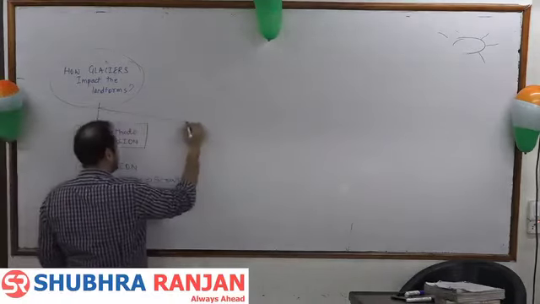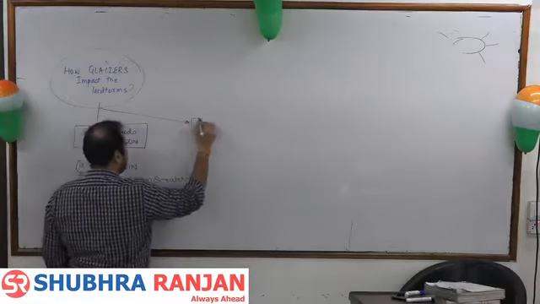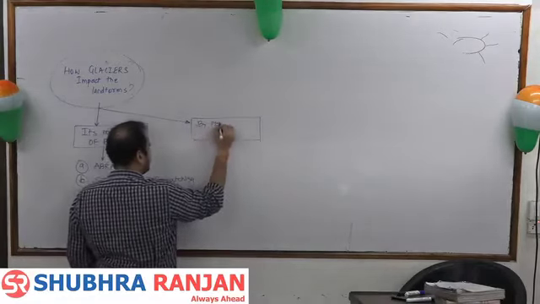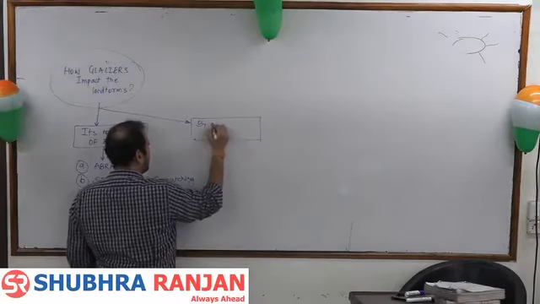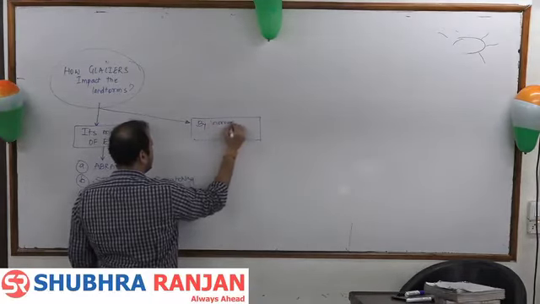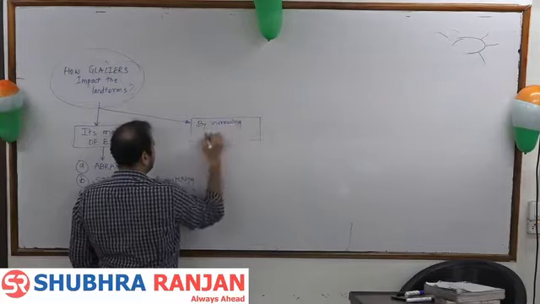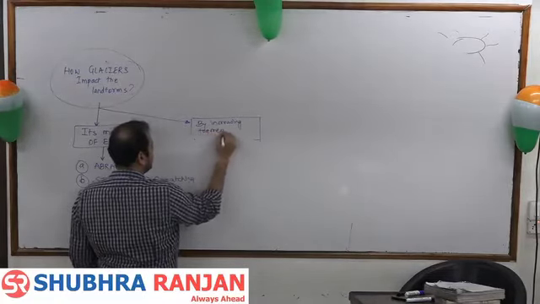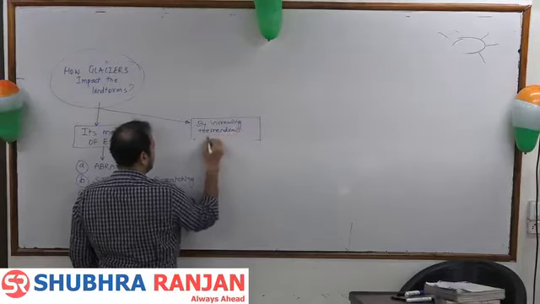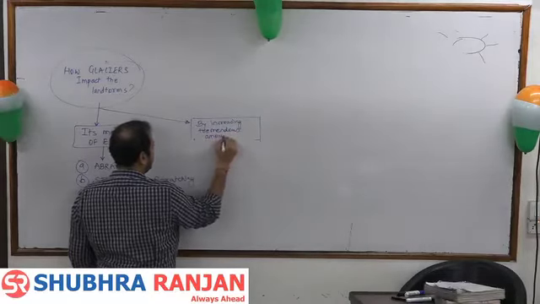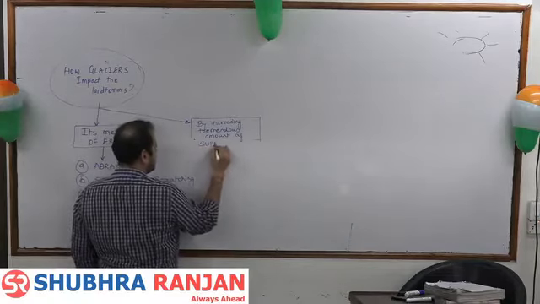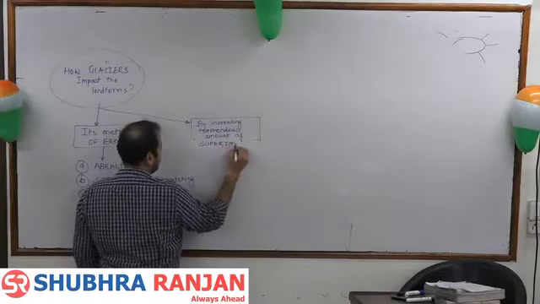Secondly, glaciers impact the landform by putting or by increasing tremendous amounts of super incumbent load.